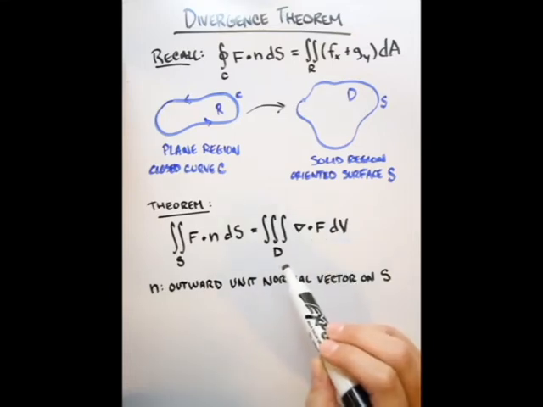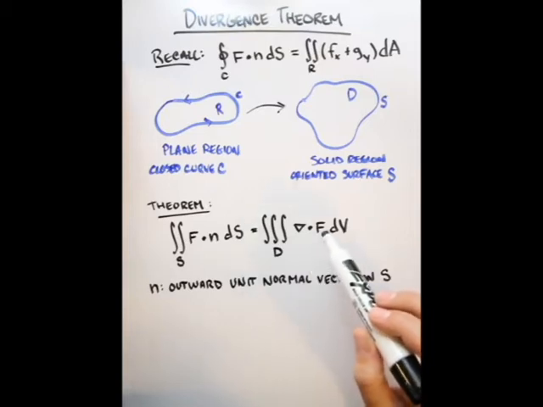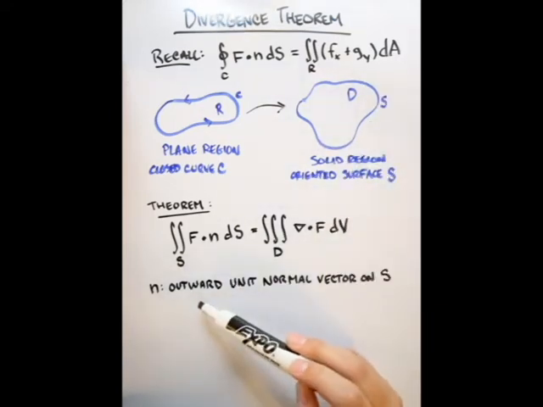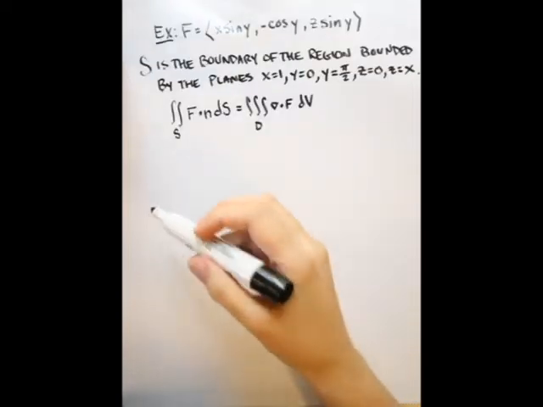Just to mention here that our vector field has continuous first partial derivatives in our region D, and then also it is enclosed again by our surface S, and N is the outward unit normal vector on S.